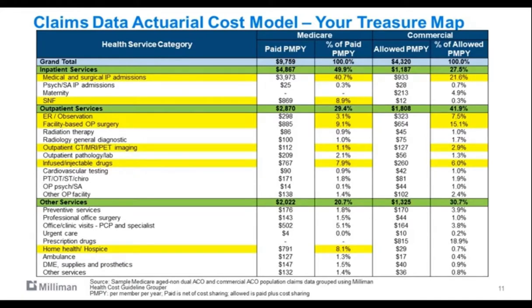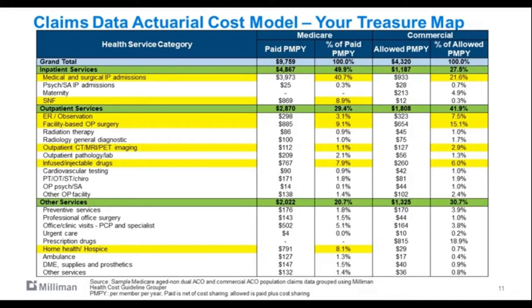Again, every claim was allocated to one of these lines based on ICD-10 procedure codes, revenue codes, CPT codes, HCPCS codes, place of service codes, specialty codes, etc. So every claim gets grouped, and you see here 41% of total Medicare spend is inpatient stays. 21.6% of total commercial spend is inpatient stays. So that's the biggest chunk.